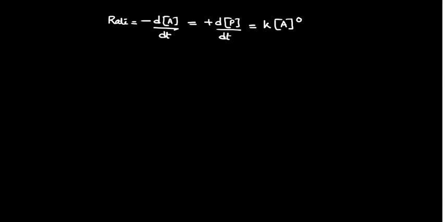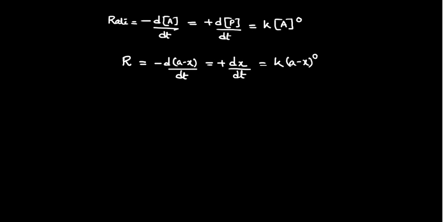Now let us consider the concentrations of A and P at a certain time t. Here we can write rate is equal to minus d(a minus x) by dt, is equal to plus dx by dt, is equal to k (a minus x) to the power 0.